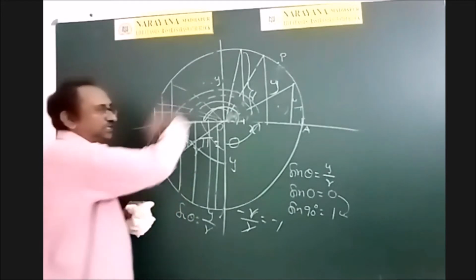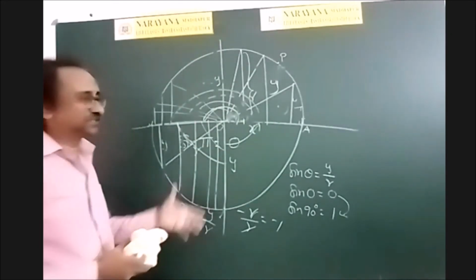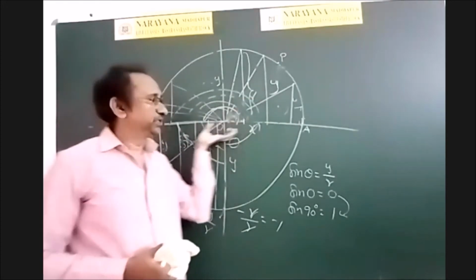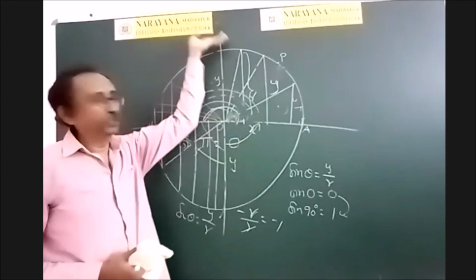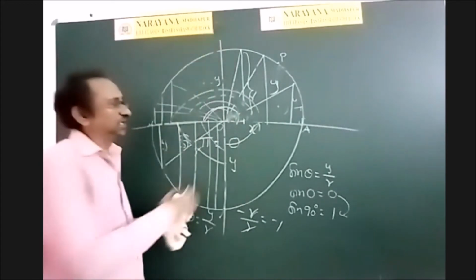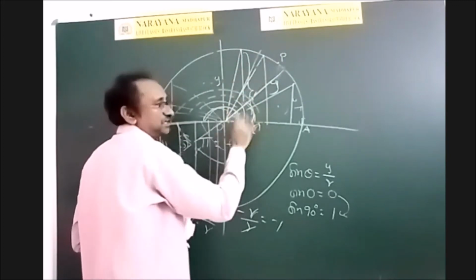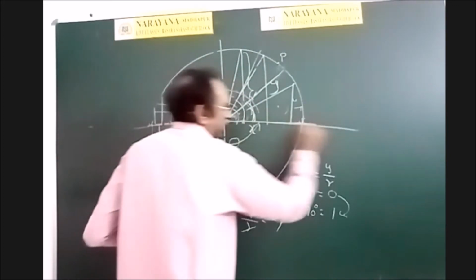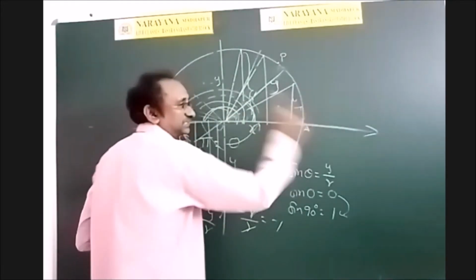Now we plot this in x-axis and y-axis. That means the values of x we take on x-axis, corresponding values of sin x we take on y-axis. Actually, we are observing theta here. Here theta like this, but in xy coordinate system we take the theta on x-axis only.